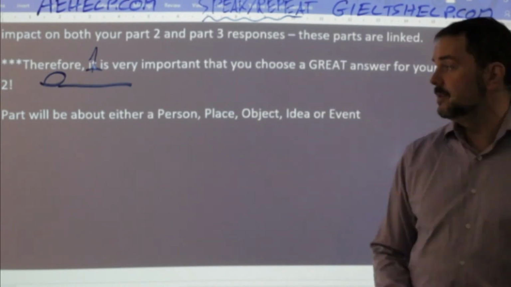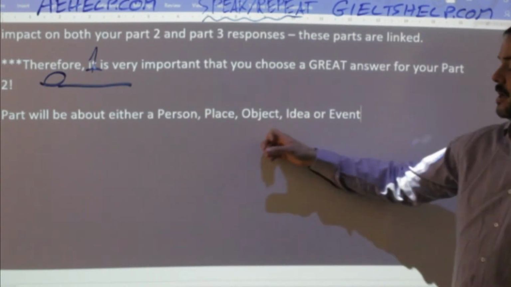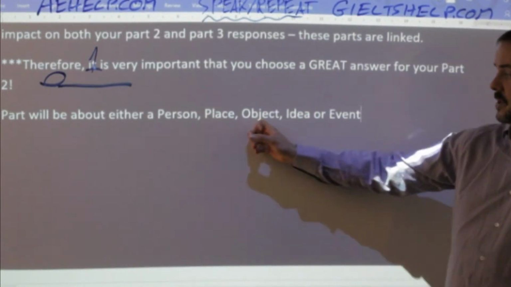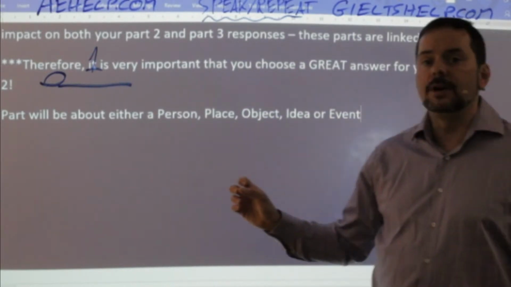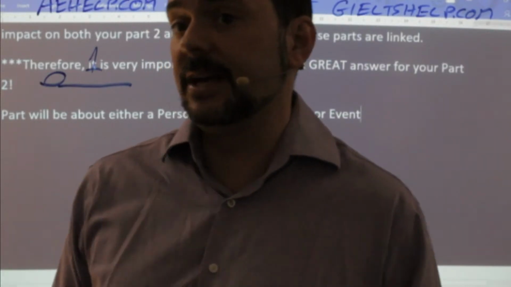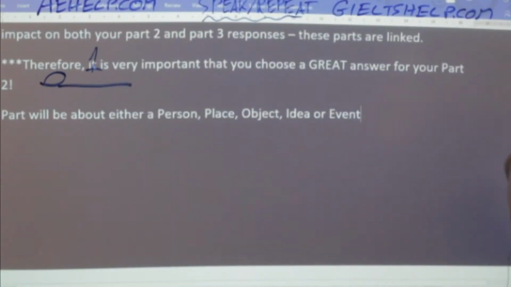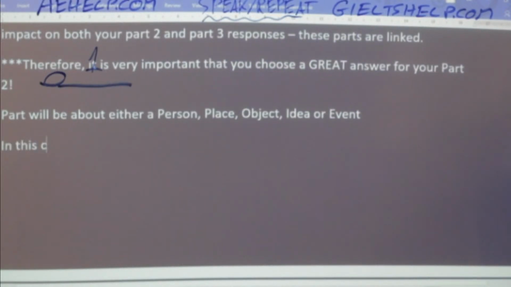Basically, whatever the part 2 question is will be about one of these 5. And Jainil very cleverly is saying you need to identify the category of the cue card. In this case, it's an event, which of course is an exciting day.